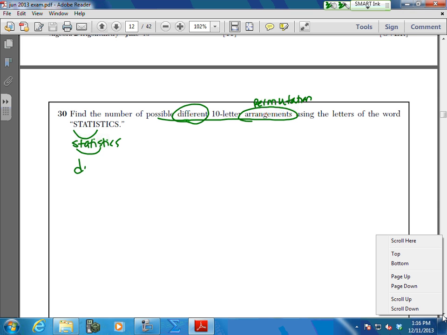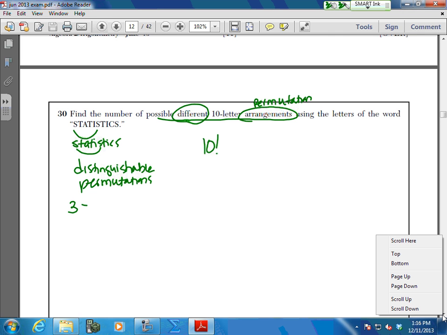So we are actually looking for distinguishable permutations. In order to do that, you find out how many letters the word statistics has, which is 10. There's your 10 factorial.